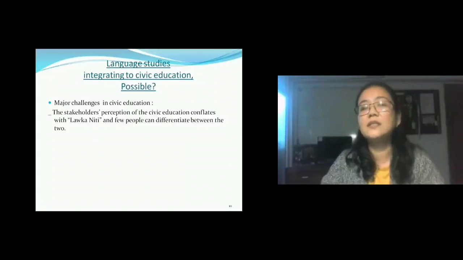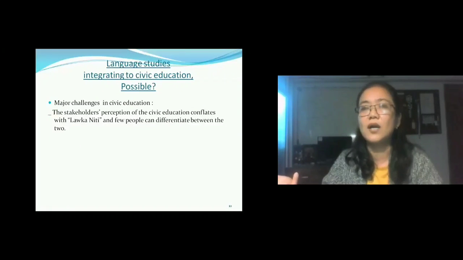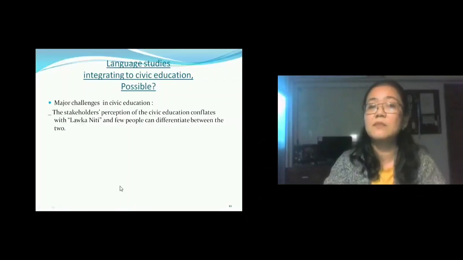Very few people can differentiate these two things, because when we translate civic education into Burmese, it becomes a kind of people's need, and people misunderstand it as the same as the local need. Some students I've talked with asked, is it the same as the etiquette, the moral obligation of citizens to follow? So that kind of conflict is happening among the stakeholders. This is about the mentality.